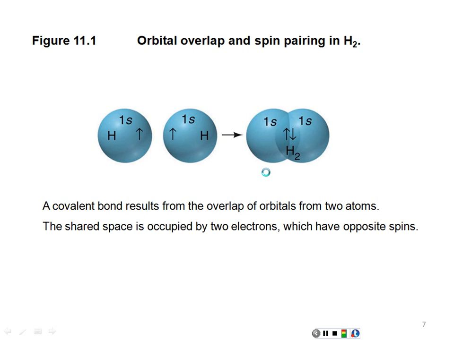Now they can come closer to form a bond, and in valence bond theory we show that as the 2 orbitals overlapping. So we have this region here where the orbitals are overlapping each other, and they're sharing their 2 electrons, and they're oppositely paired.